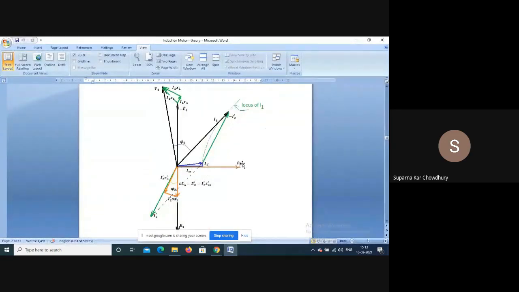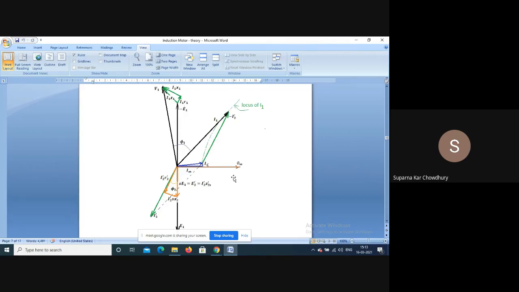Now, to create this flux, let us consider the machine is at no load. To create this flux, the machine draws a magnetizing current Im, which is in phase with the flux. But as we know, this alternating magnetic field is associated with eddy current and hysteresis loss, so some active power should be there to provide these losses.